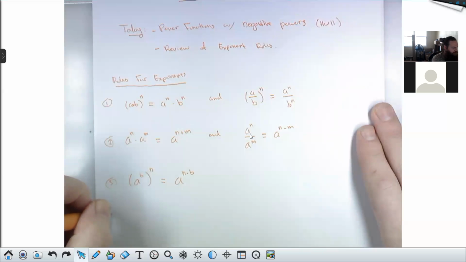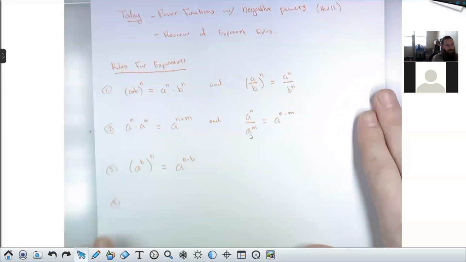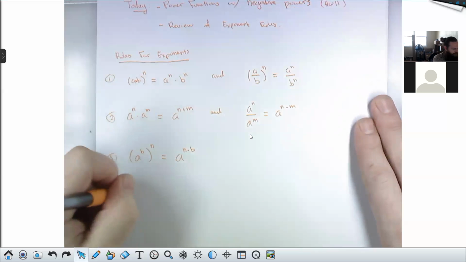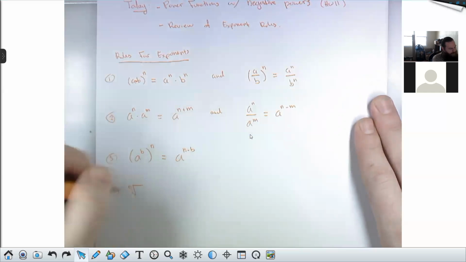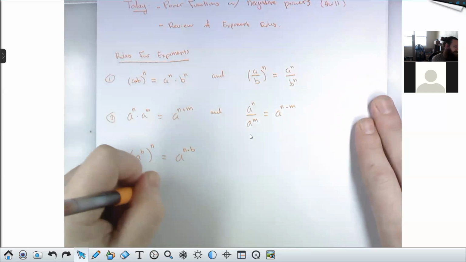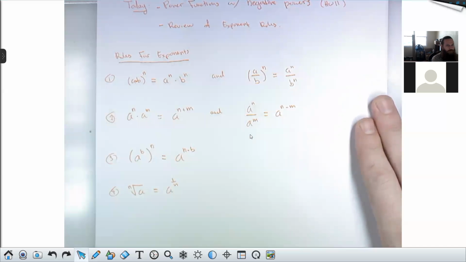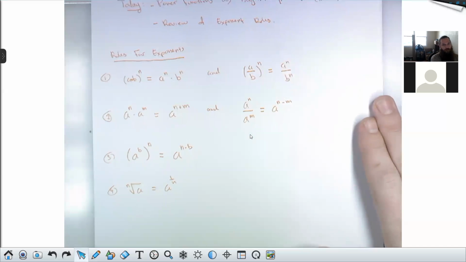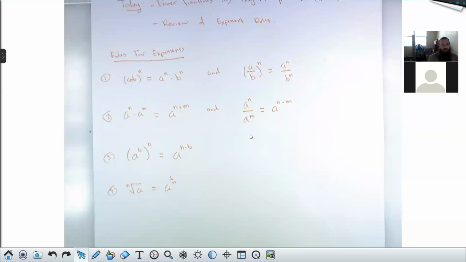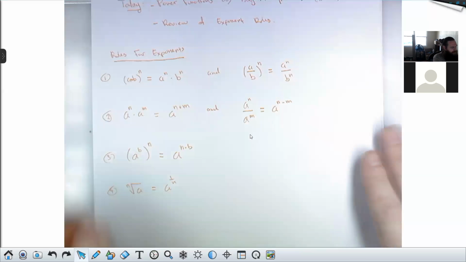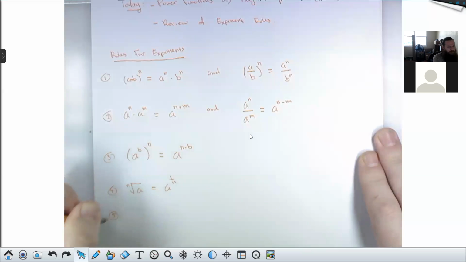And then there are some rules having to do with roots. The nth root of some number is the same as the 1 over nth power. All of these are rules to deal with positive exponents, really. But then negative exponents come in like this.